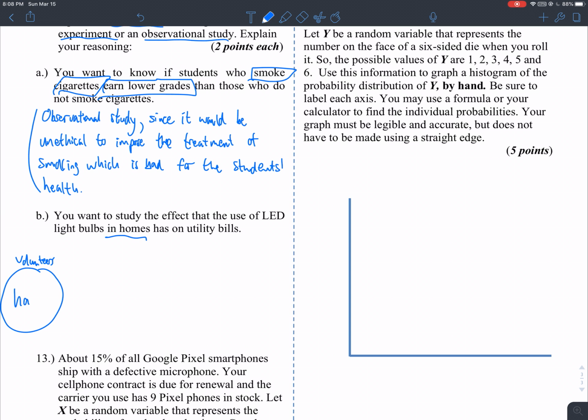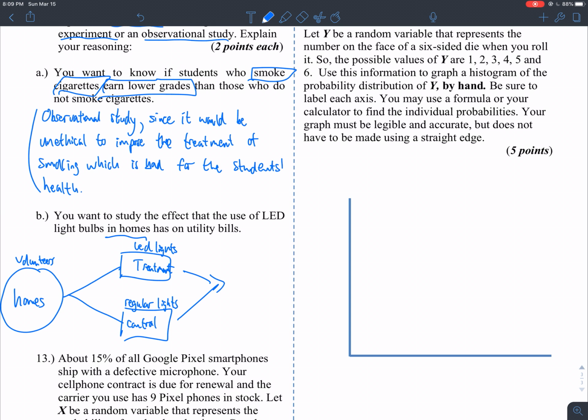And then you randomly assign some of the volunteer homes to get LED lights, and this would be my treatment group, and then some of them to just keep their regular light bulbs, and this would be my control group.